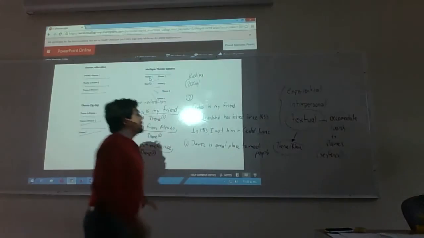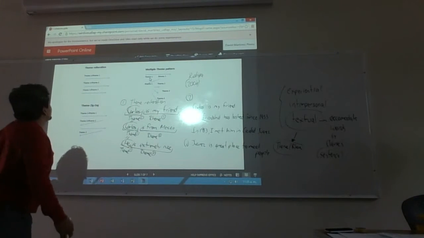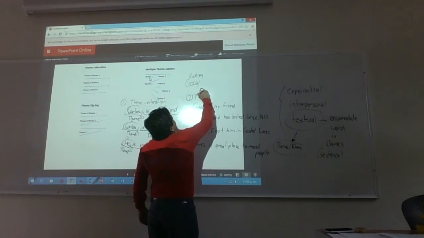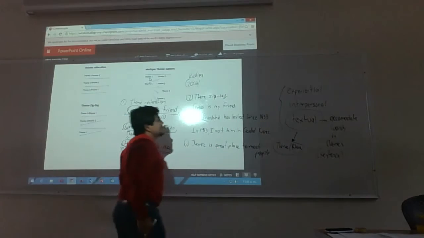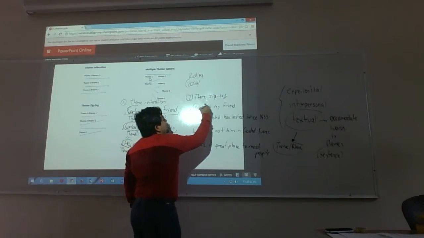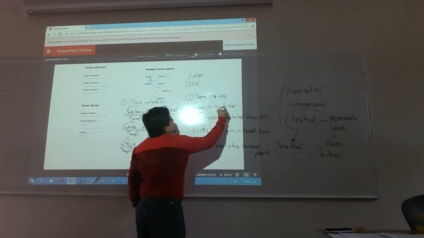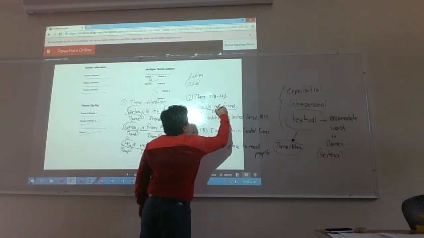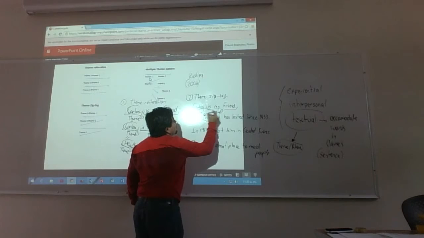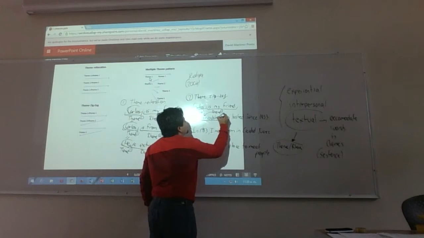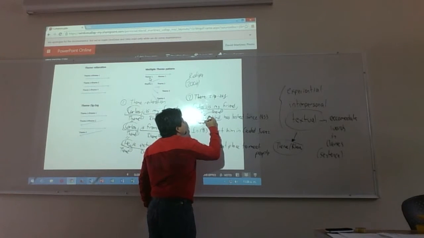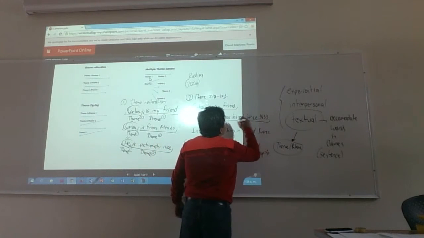Rustipa came up with this other pattern he discovered in his research, and this is called theme zigzag. In this, you will notice this is theme 1 and this is rheme 1. Then departing from rheme 1, we're talking about friends and friendships, so this is going to be our theme number 2, and then this is rheme 2.